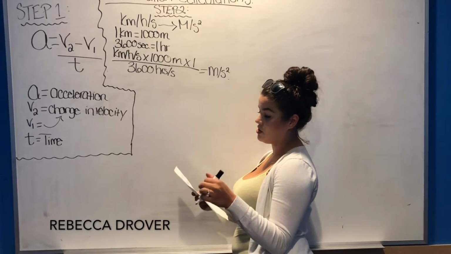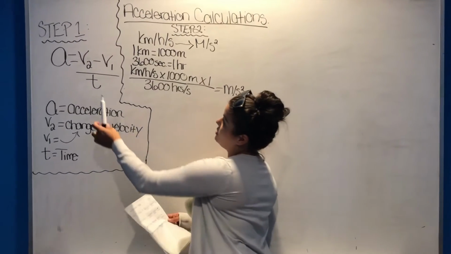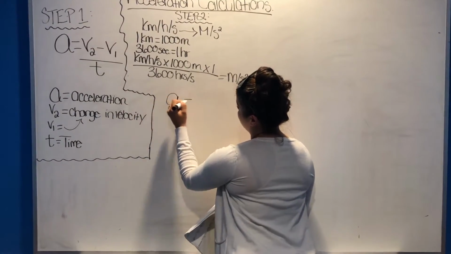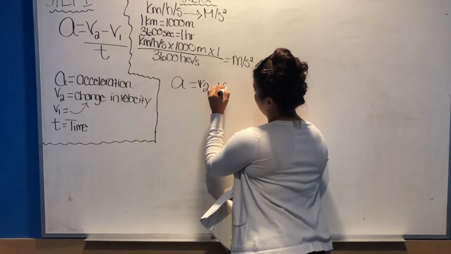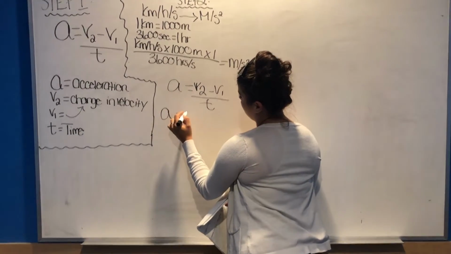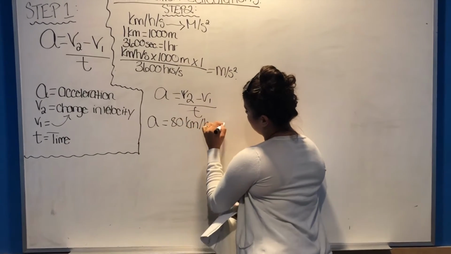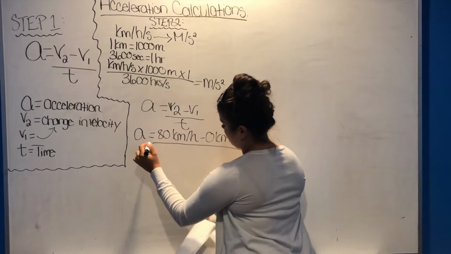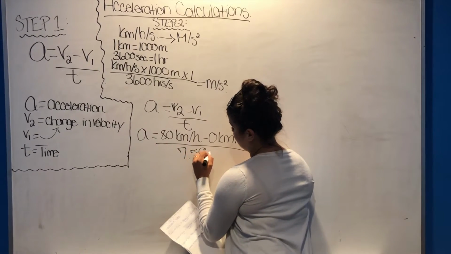The acceleration of my truck from 0 kilometers per hour to 80 kilometers per hour, we use the formula in step 1, which is A equals V2 minus V1 over time, and the time it took me is 7.59 seconds.